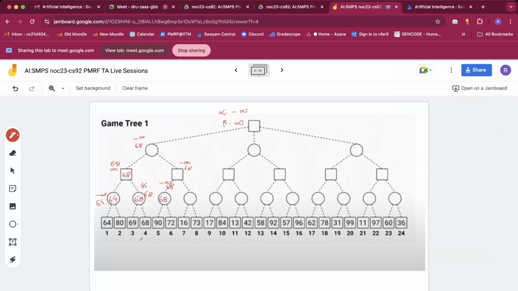Now that we have put in a value of 68 in this node, this 68 will then be offered to its parent, which is a max node. This will compare it with its alpha value, which is minus infinity. Now 68 is greater than minus infinity, so it will update its alpha value to 68.